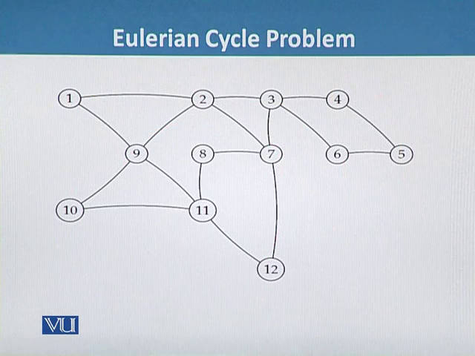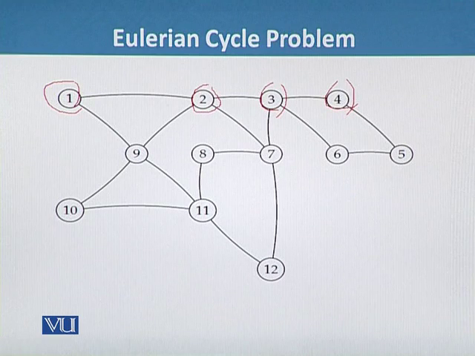We can also transform that map into graph form. These vertices show the island locations, and their numbering is the same as in the previous diagram.